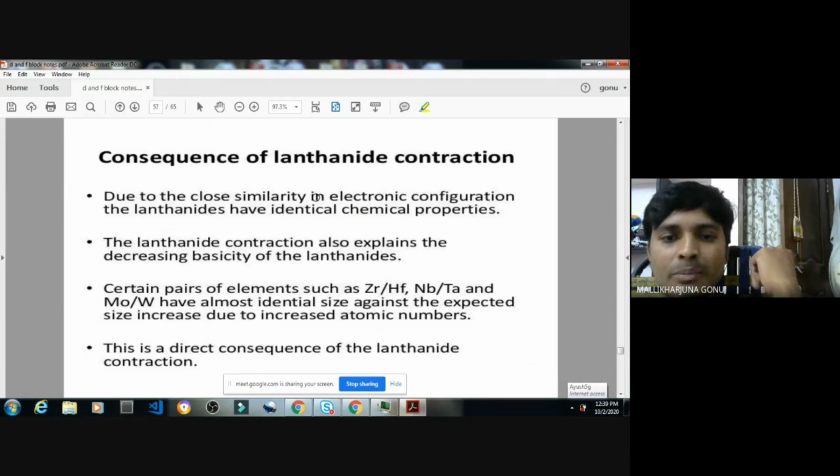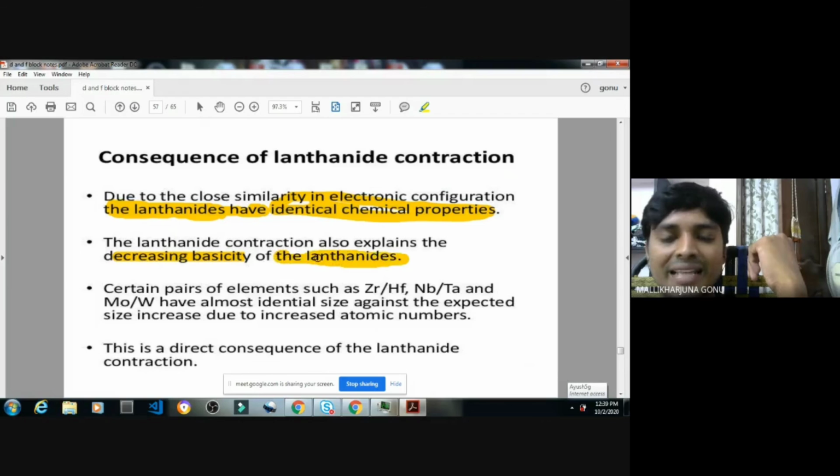Due to the close similarity in electronic configuration, all the f-block orbitals are having the same electronic configuration. The lanthanides have identical chemical properties. All will have the same chemical properties. The lanthanide contraction also explains the decreasing basicity of the lanthanides.